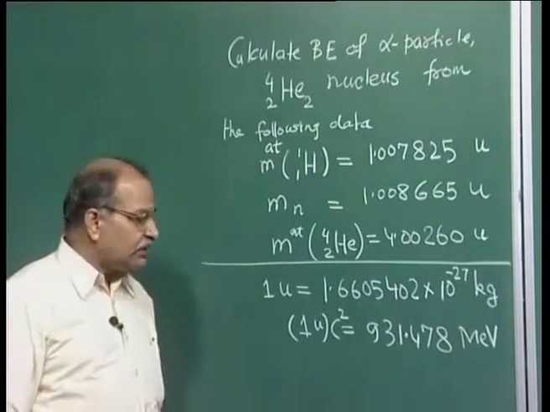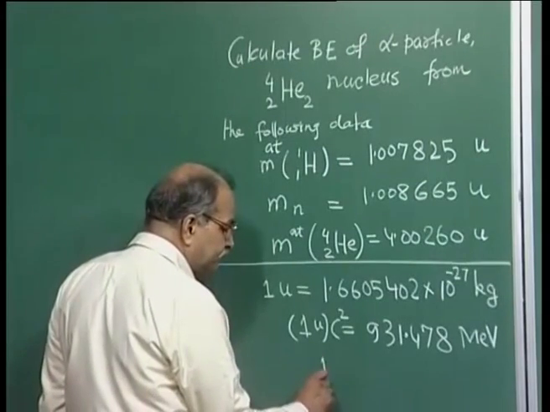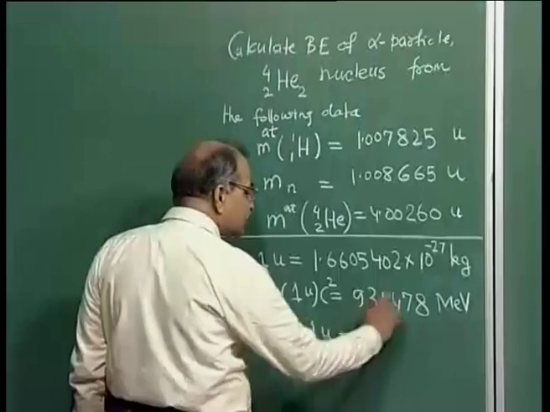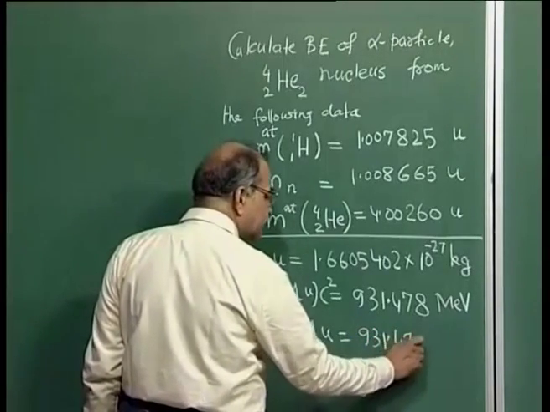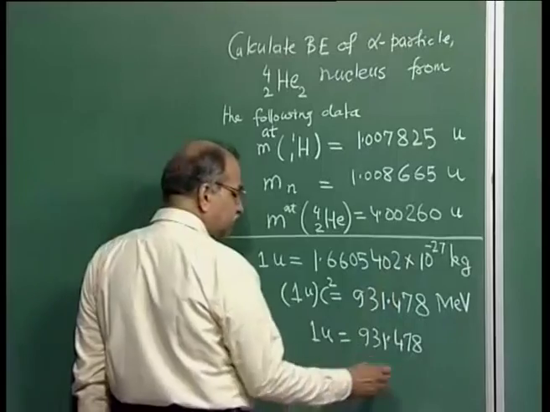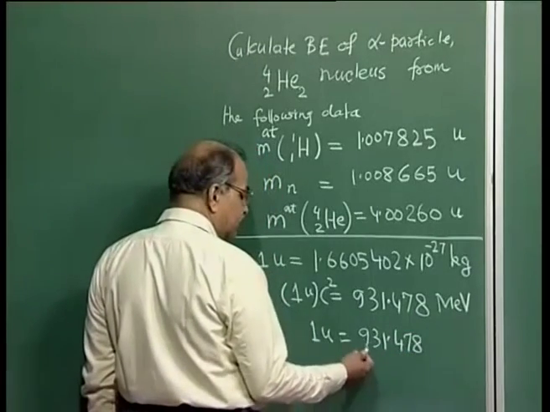So, you can write this 1 U as 931.478 MeV by c square. Generally for calculations we take it as 931, depending on what accuracy of calculation is required.